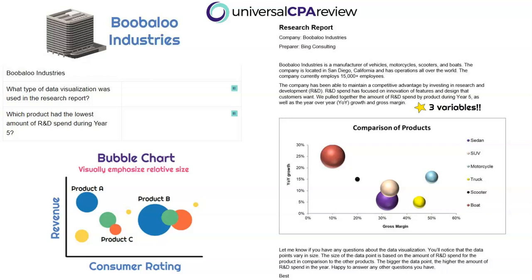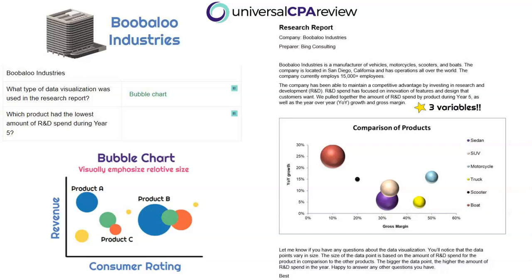So if it has a high amount of R&D spend compared to other products, it's going to have a bigger bubble. If it has a lower amount of R&D spend compared to other products, it's going to have a smaller bubble. But this is called a bubble chart. And don't get this confused with a scatter plot, because again, the key benefit of a bubble chart is that we can plot and compare 3 different variables. So in the drop down, you can choose bubble chart.